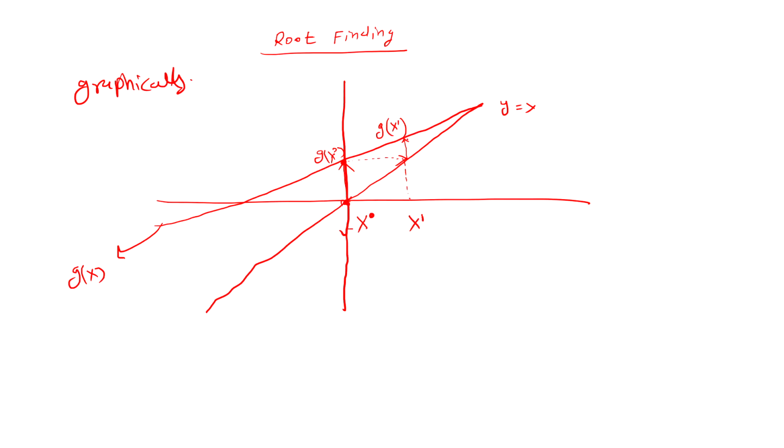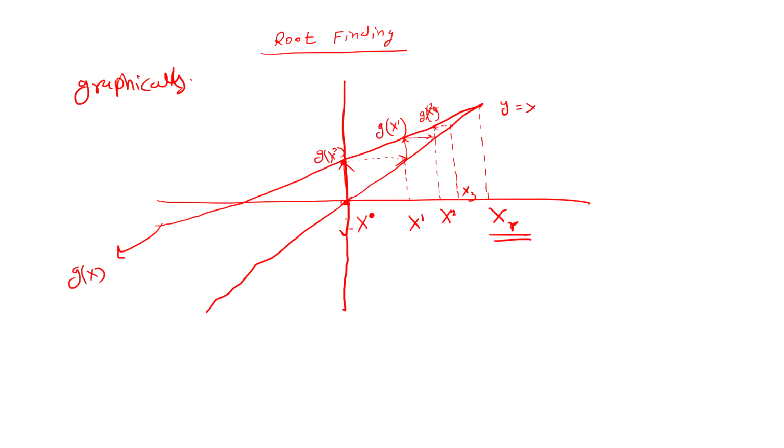Then the next value of the latest iteration will be this x2. And then for the next iteration we will calculate the function value g of x2, and then we will calculate x3 in such a way that my root is here. This is my xr, my true root.